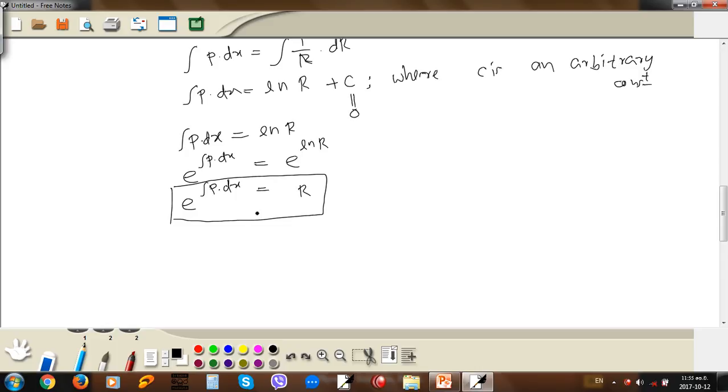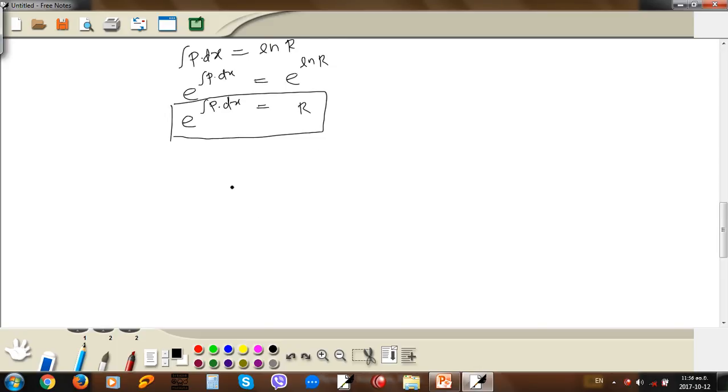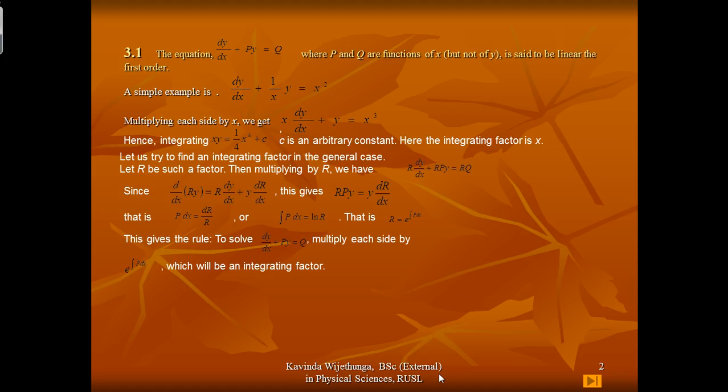So that is the general case, so you have to remember this formula. This is a way of finding the integrating factor. Okay, so that is the rule, and you have to remember this rule. We found r equals e to the power integration of p dx.